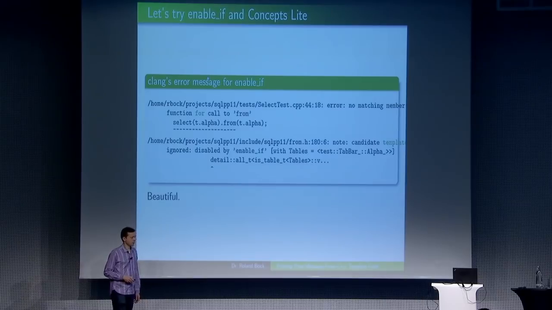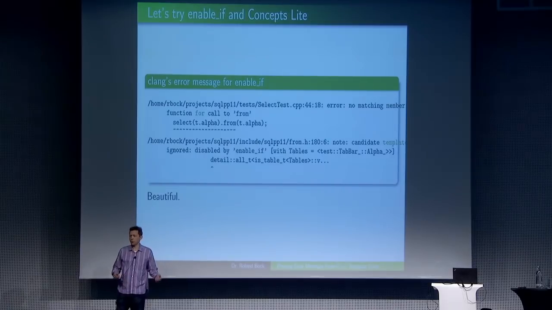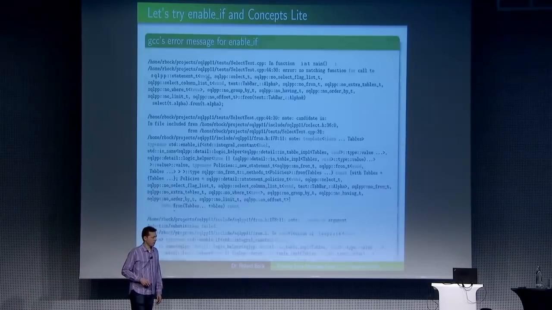Well, the compiler, if you're using Clang, is very clever. Clang, at least in version 3.5, recognizes enable if and can give you very, very precise messages about enable if, and this is the whole error message. So that's beautiful, right?